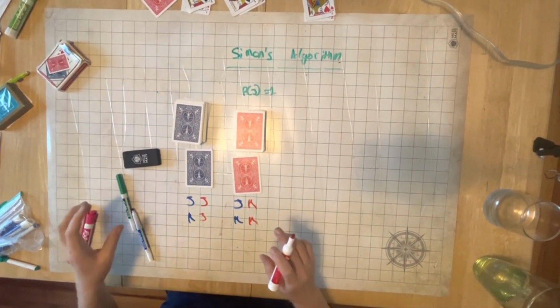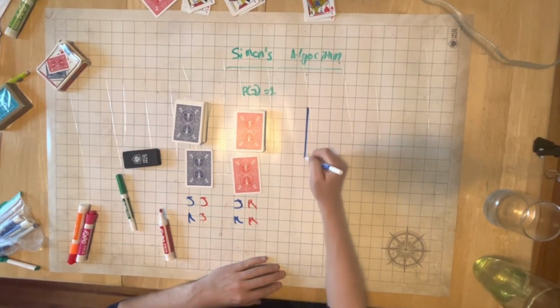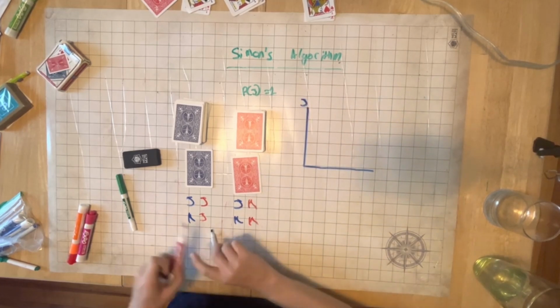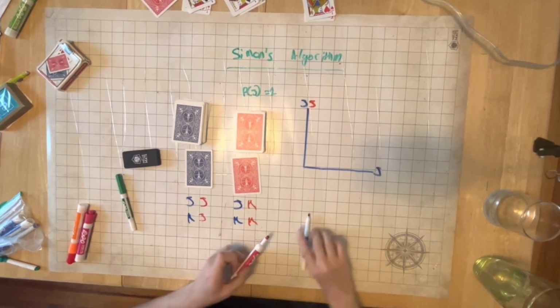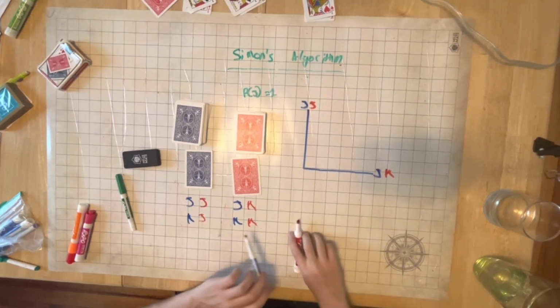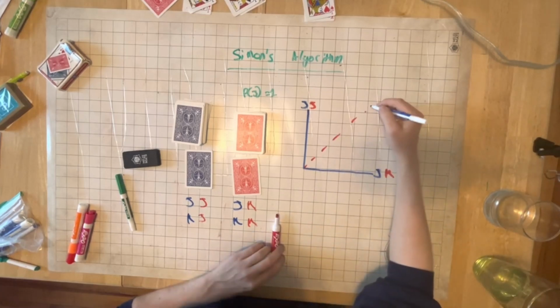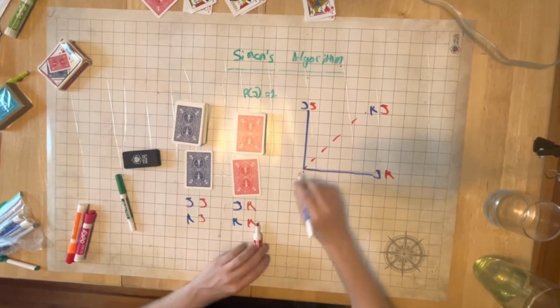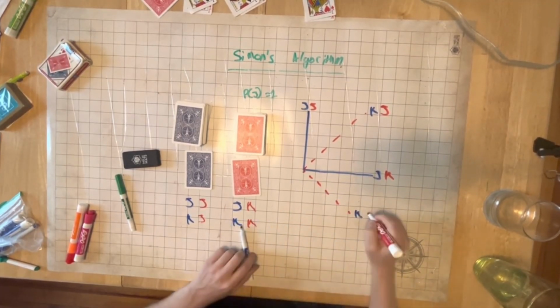Now let's dive into that for a second. So imagine we had the probability of a blue jack and a red jack, and we also have the probability of a blue jack and a red king. But we also have to think about the probability of a blue king and a red jack, or the probability of a blue king and a red king.